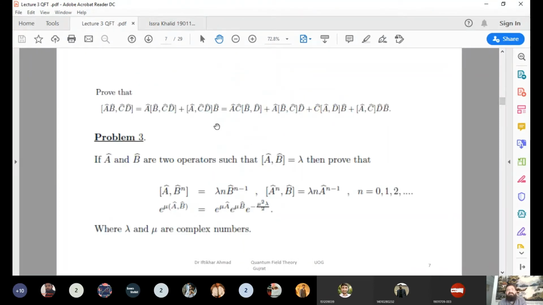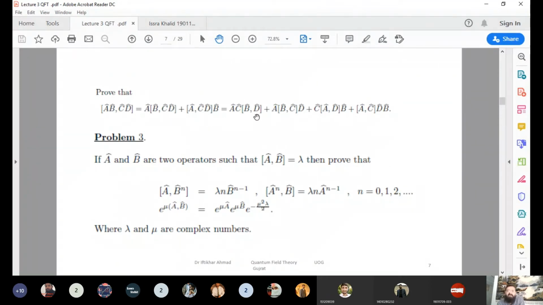okay, this one. This is a little bit difficult for you, how to expand this very long expression. I think you can open it through the definition of commutators.